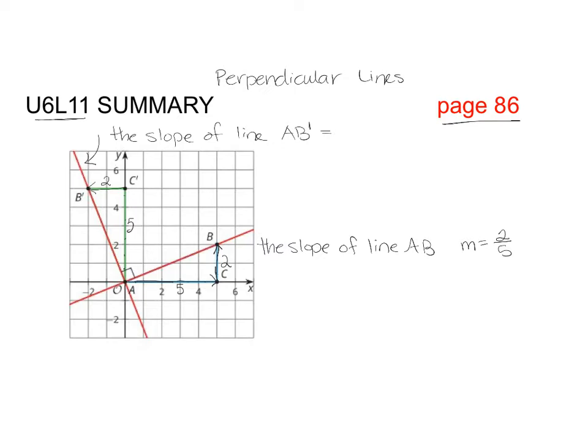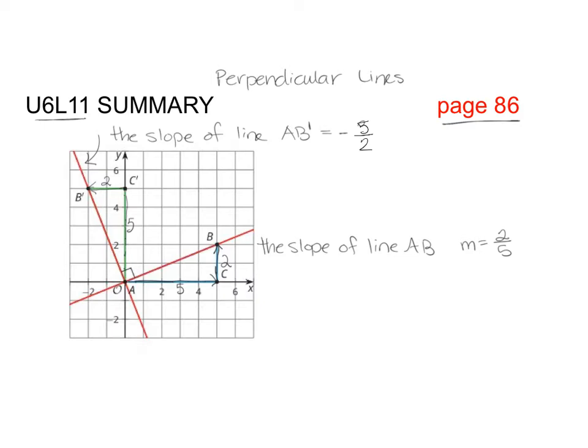Or I could think about my movement as going positive 2 in the x to get to C prime, but now I have to go down 5 in the y. Either way, my slope is negative 5/2. That would be my rise over my run.